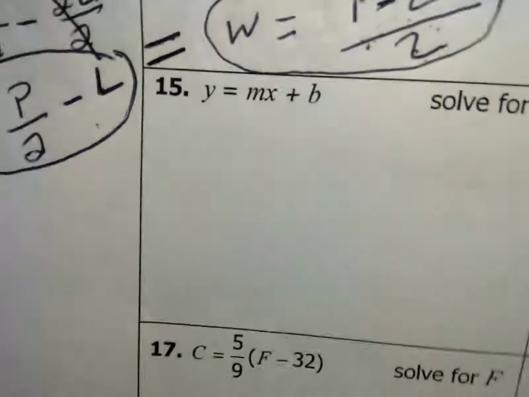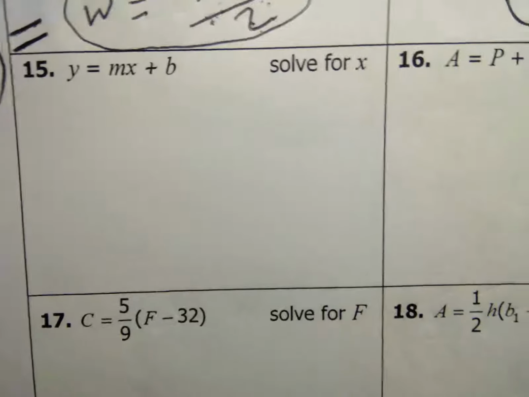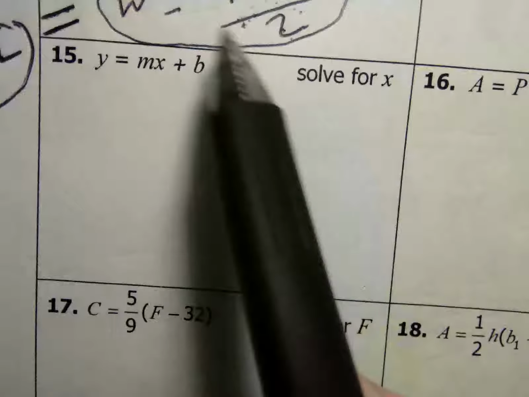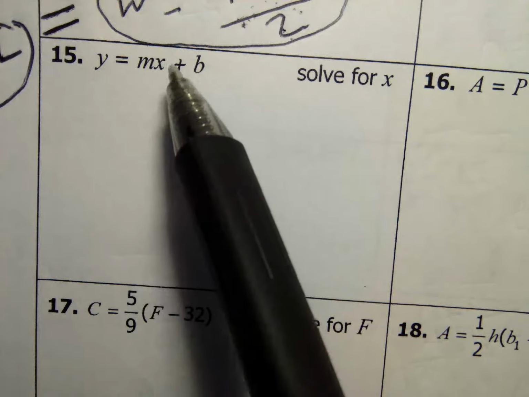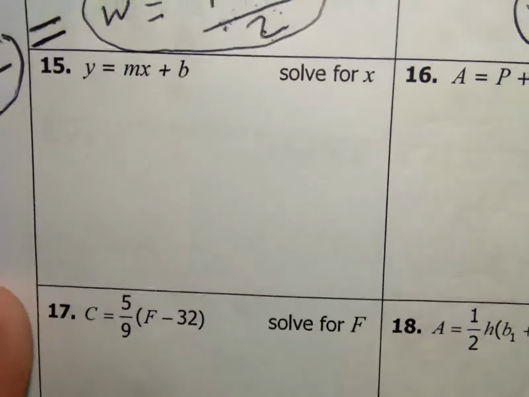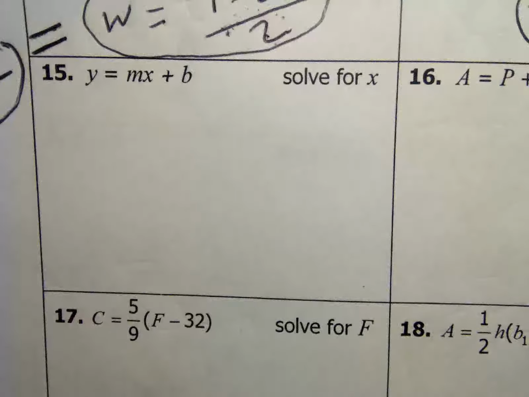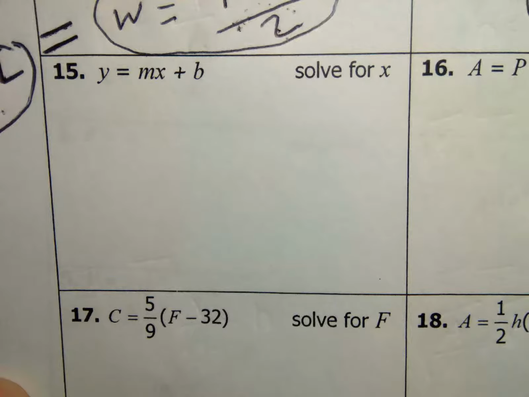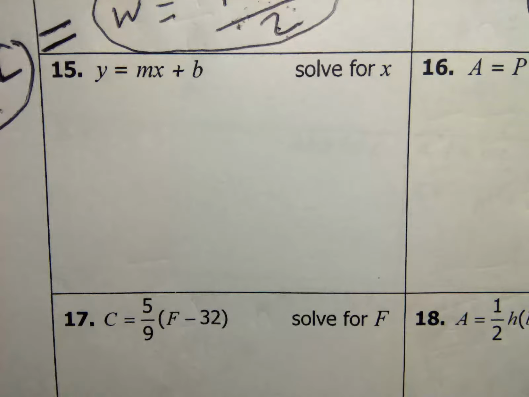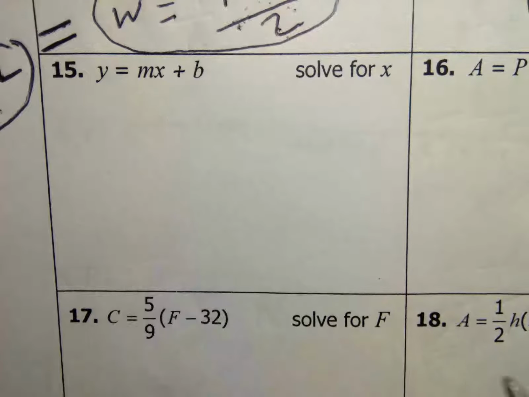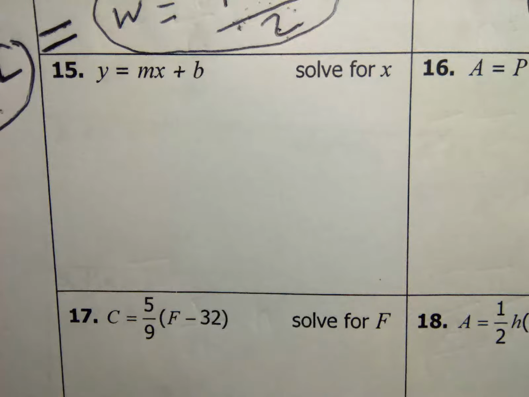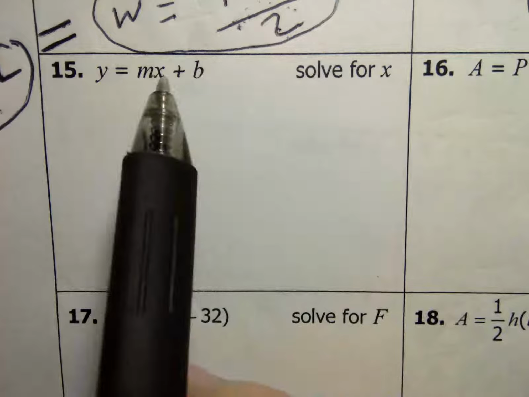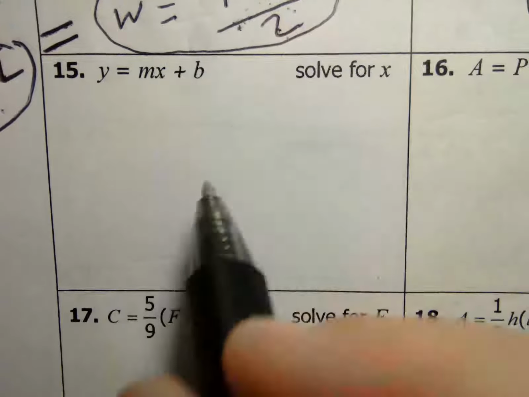And then this is another linear equation. This is called slope-intercept form. What did I do here? I want to get x by itself. Yep.